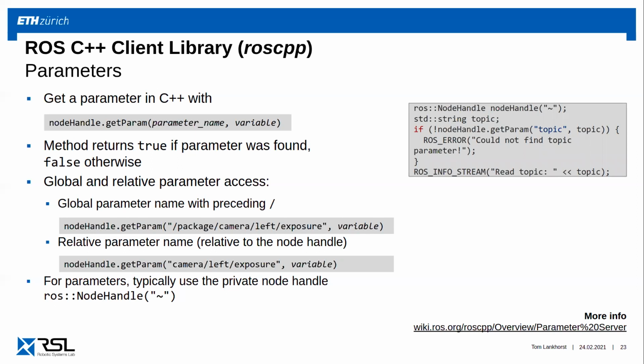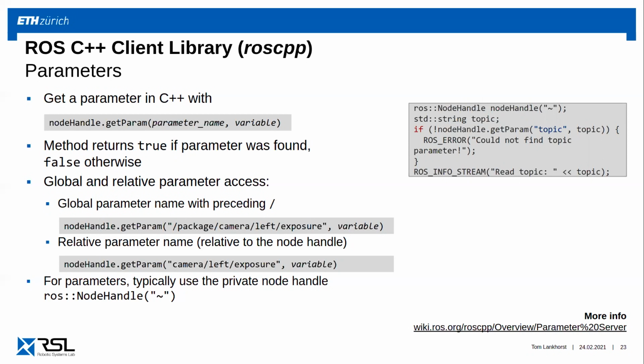You see a brief example of how to use your node handle to get a specific parameter. So first of all, we initialize the node handle in the private namespace. Then we define a standard string variable without any content called topic. Next, we call on this node handle the getParam function with the name topic, and the variable topic where we want to store the contents of the parameter.